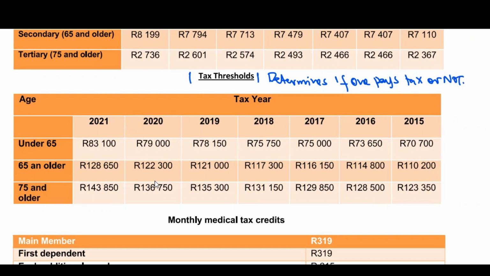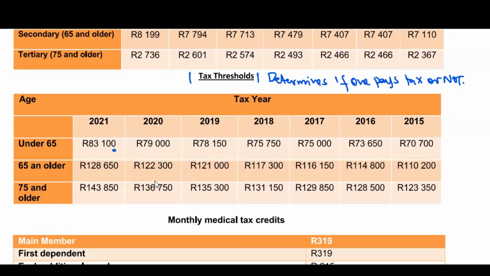Should the annual income of someone equal this number that you see here? These are different numbers because of different years. But should the income equal the amount that you see here, the person should not pay tax. Should it be equal or less, the person should not pay tax.